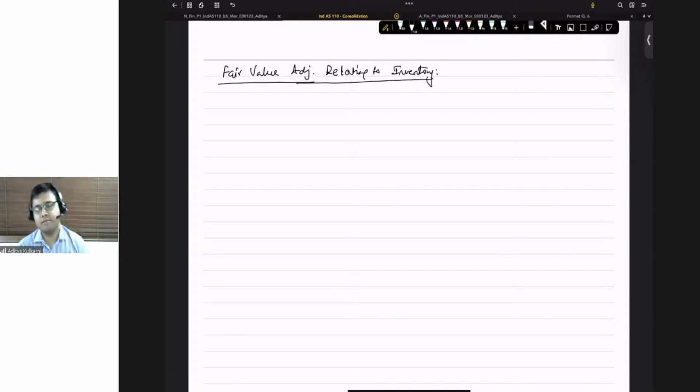Okay, sir, you took first a non-depreciable asset, then a depreciable asset. Do we have fair valuation only of PPE? No. Ind AS 103 requires fair valuation of every asset, every liability. So now we look at the fair value adjustments relating to inventory.